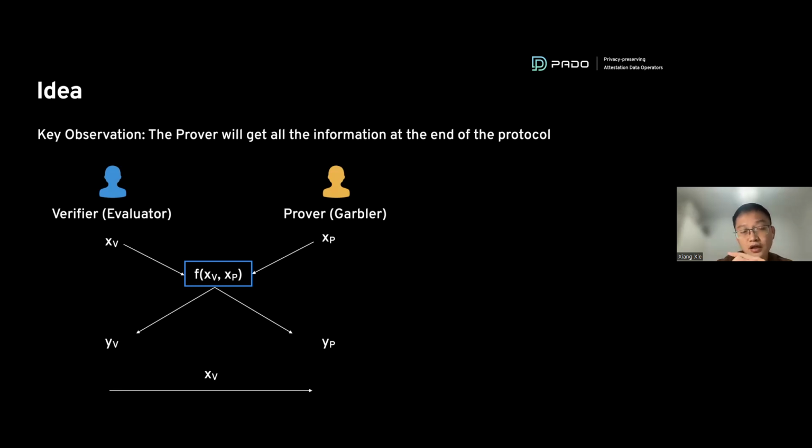Say a prover and a verifier want to run a 2PC protocol on a function f, where the input of the prover is xp and the input of the verifier is xv. They run the 2PC protocol and get the outputs yv and yp. Then at the end of the protocol, the verifier sends xv back to the prover, so the prover gets everything of the secret part.